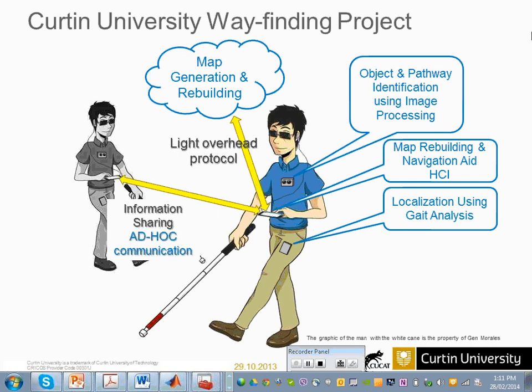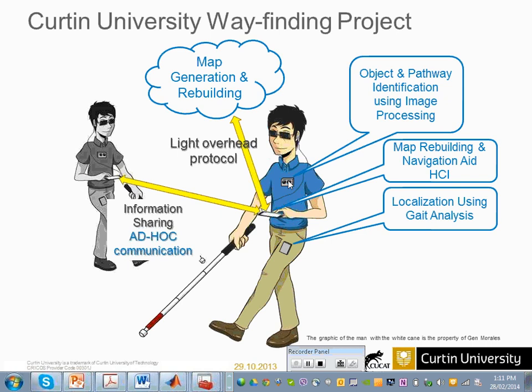And this is an overview of the wayfinding project, where we have a chest-mounted processing unit which has cameras, probably stereoscopic, which does stereoscopic image processing for the purpose of identification of obstacles, doors, and so on.